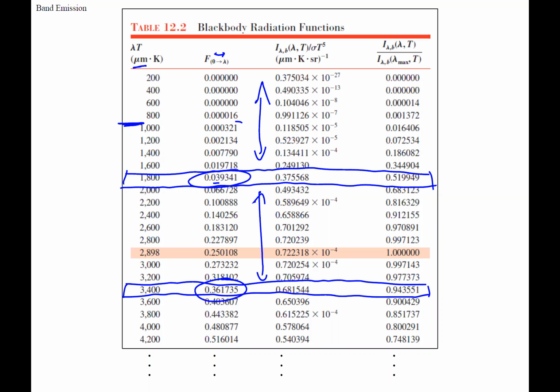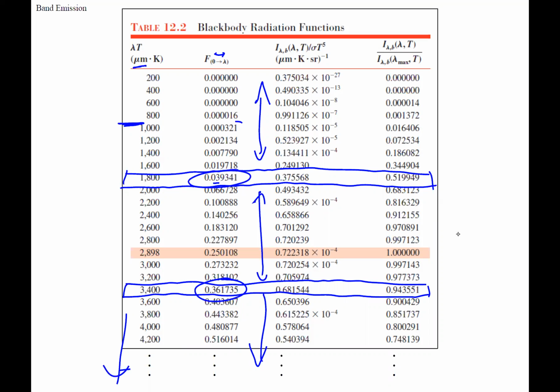So it'd be about 36% minus 4%, so about 32% of the emissive power between that range. And then the rest would be after this, so that would be 1 minus 0.36. So 64% is at wavelengths beyond that value.